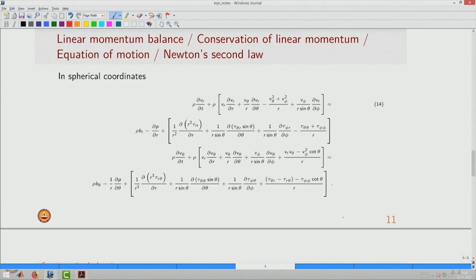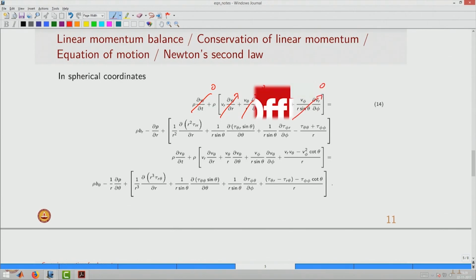For example, since V r is 0, we can say this overall term on the left hand side will go to 0 except one term. So, this term goes to 0, this term goes to 0, and these terms, V theta is 0.